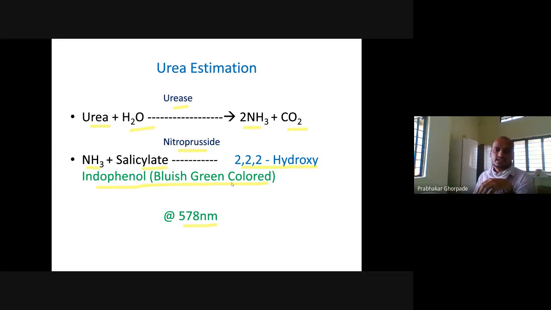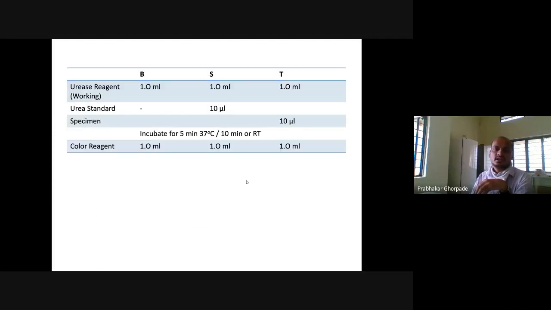So basically, we are interested in this bluish green color complex formation in this test, and this one is a blank, standard, test. Under the blank, we are taking urease reagent 1 ml in each of blank, standard and test. Urea standard we are taking in the standard only. Specimen sample we are taking in the test only.